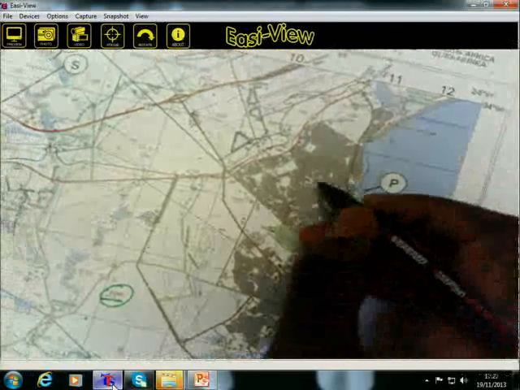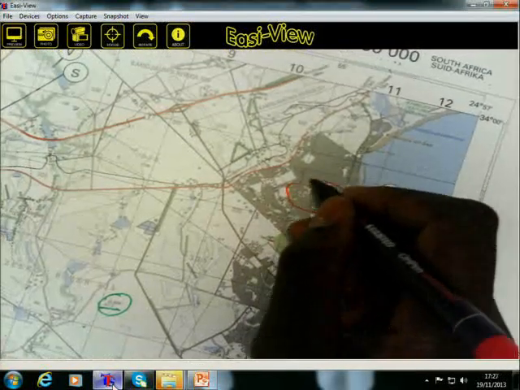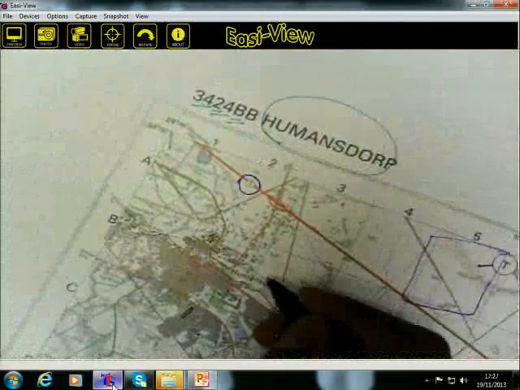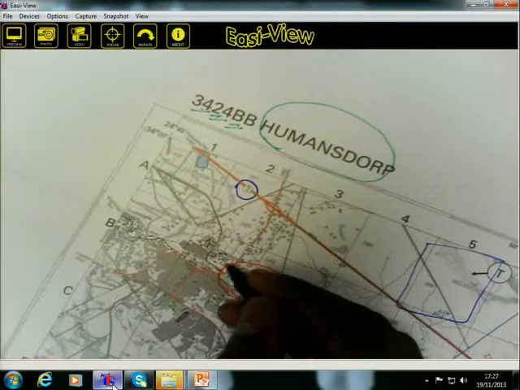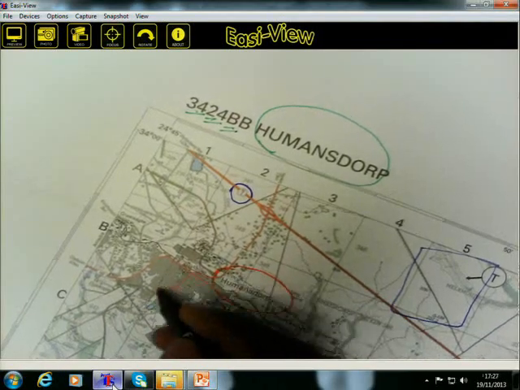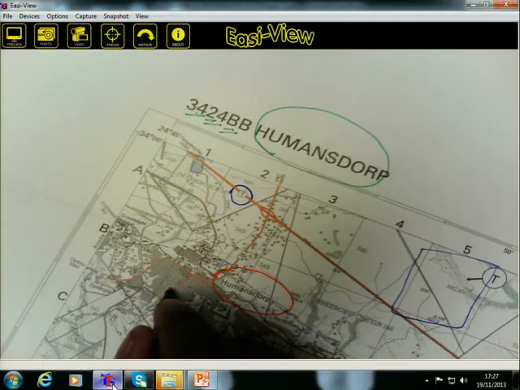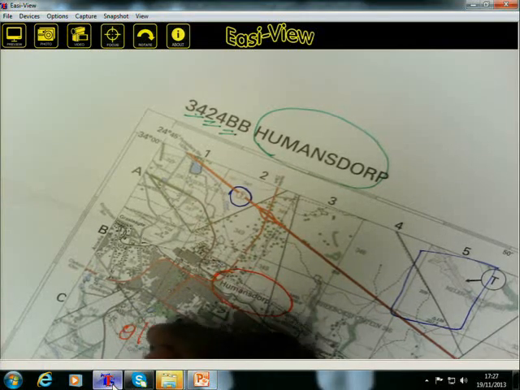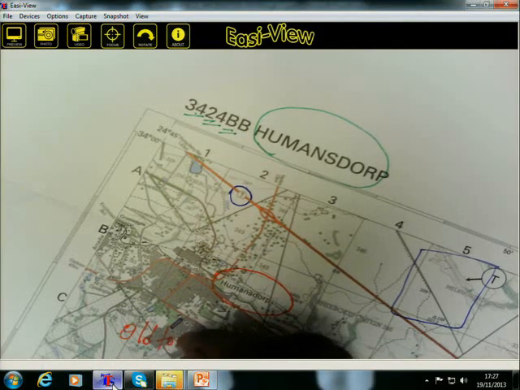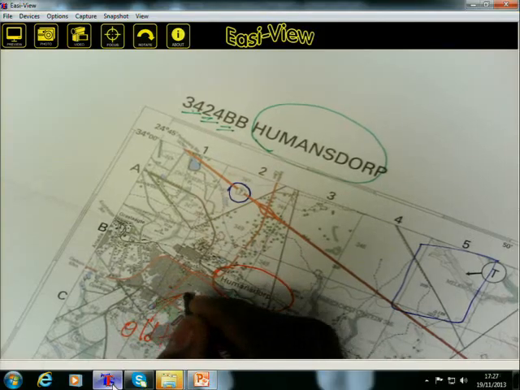You've got Wave Crest, it's here. And then you've got Humansdorp, it's here. What did we say about the grid pattern? Remember, every time where you see a grid pattern, you see an old town. A grid pattern is associated with an old town.